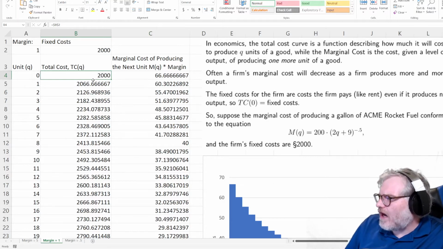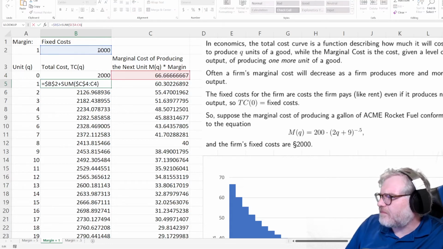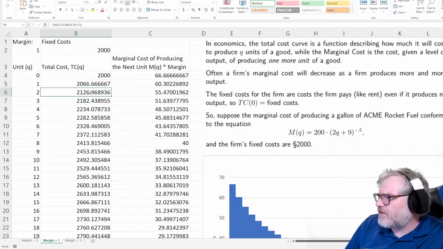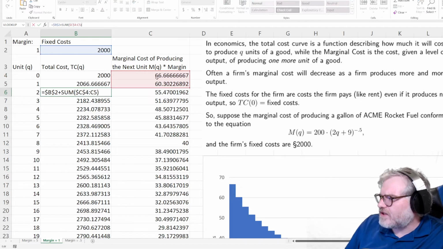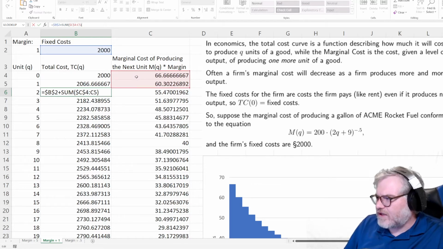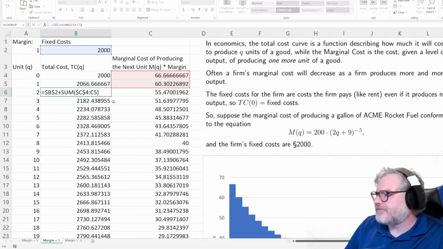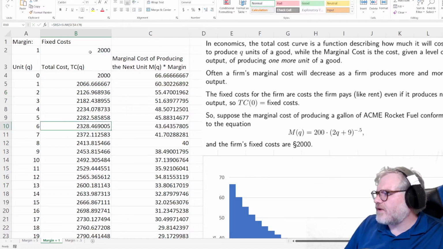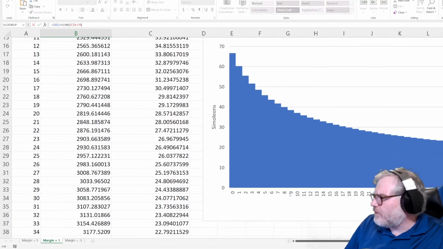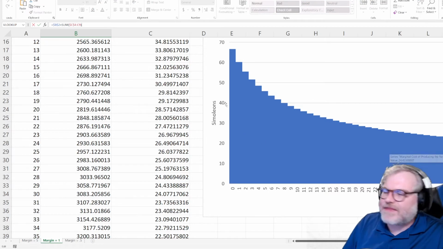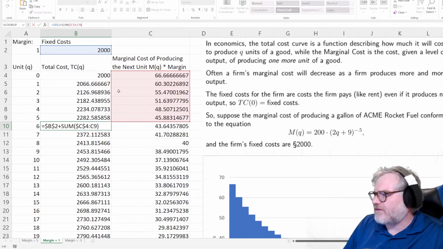My total cost for this one is going to be this unit plus this unit. For this one, it's going to be these 2, right? The marginal cost of producing the first unit plus the marginal cost of producing the second unit, right? Which is the marginal cost of 0 plus the marginal cost of 1 plus the 2,000. Okay? And so on and so forth. So what I'm doing is adding all these rectangles and then adding the fixed cost, which was 2,000.